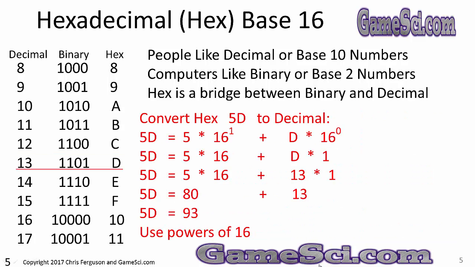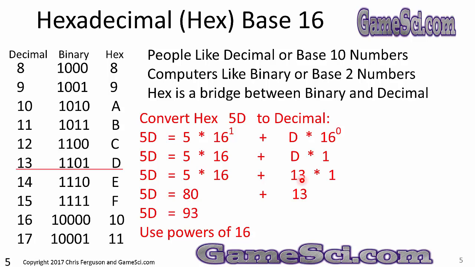Let's convert hex 5D to decimal. 5D equals 5 times 16 to the first power plus D times 16 to the 0 power. Well, that's just 5 times 16 plus D times 1, which of course D is 13.